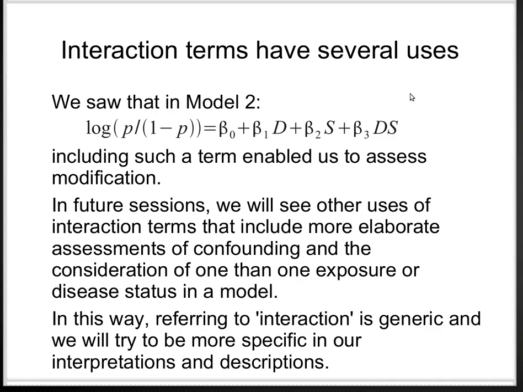And the use of the term interaction, we will see, applies to a wide range of circumstances and not just the one we've just illustrated. So I do not recommend thinking of interaction as a synonym for modification. Modification has very specific definitions, and interaction has its own set. There's some overlap, but that doesn't mean they're the same. Okay.